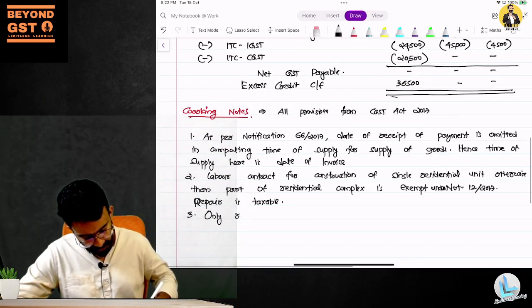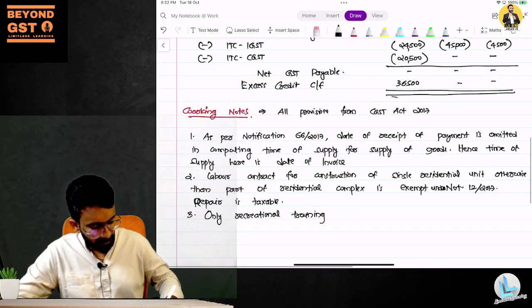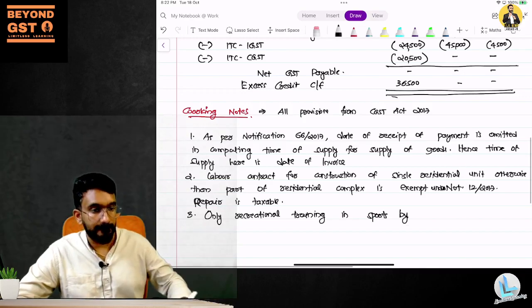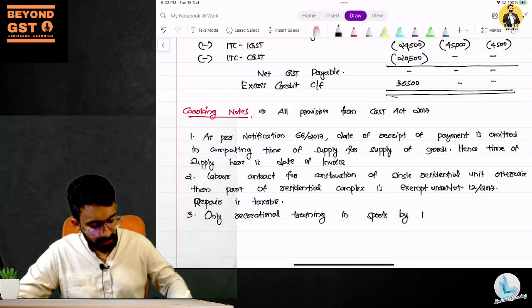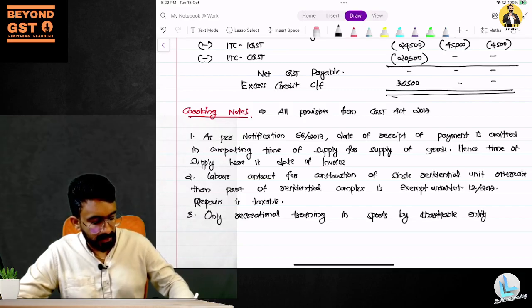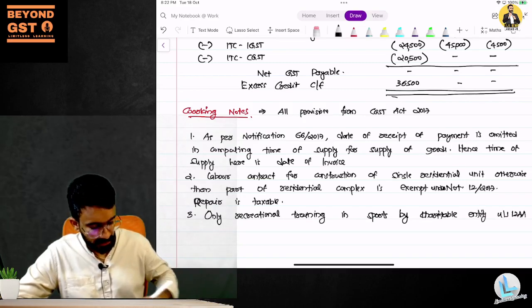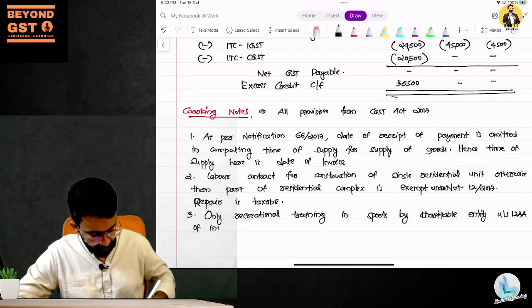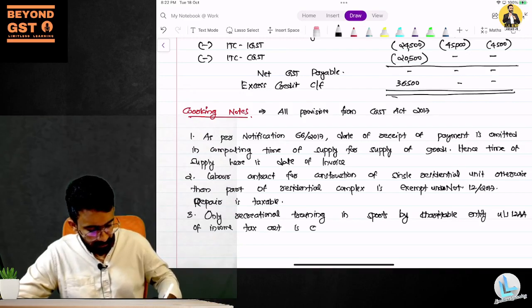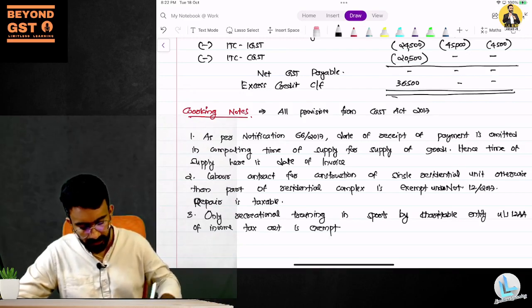Only recreational training in sports by a charitable entity registered under section 12A of the Income Tax Act, that is exempt.